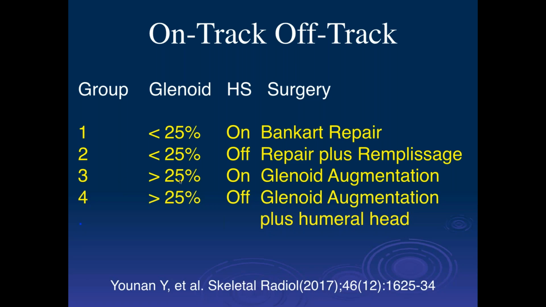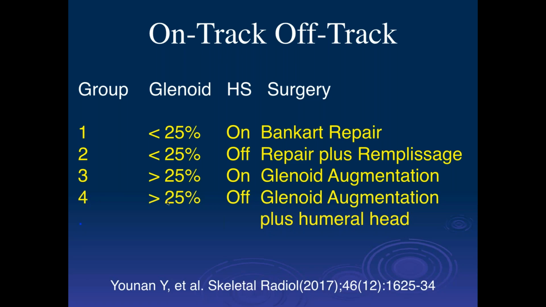And there's a group 3 where the glenoid lesion is greater than 25%, and you have an on-track lesion, which means it's not engaging. And here you have to do augmentation of the glenoid. So you either have to repair the fracture or put it back together again, or you have to put some sort of bone into the glenoid to support it, or do one of the older surgical procedures that we'll talk about a little bit later in this talk.